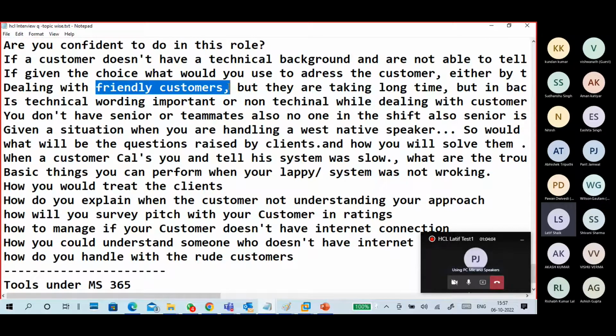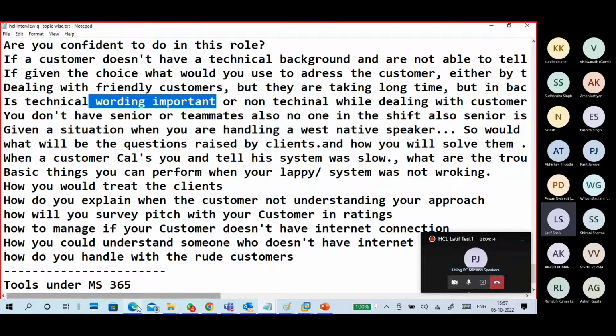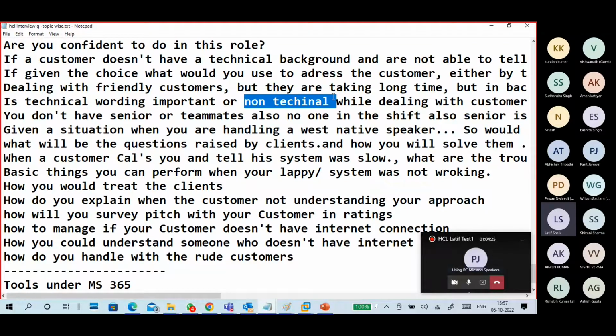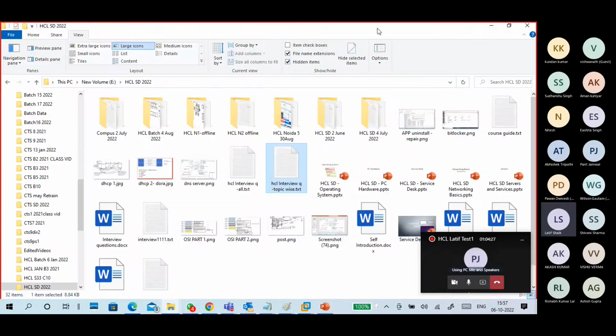That is also important. Is technical wording important or non-technical while dealing with the customer? You have to use technical words or non-technical words, which is more important? My opinion is that a mix is important, not completely non-technical. You have to see what is in front of you.